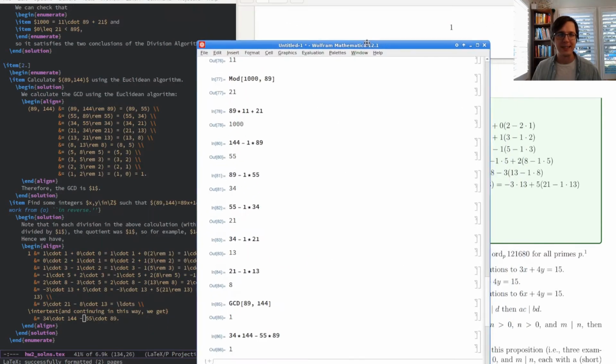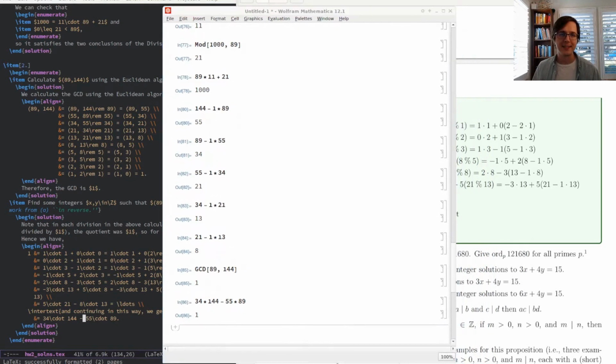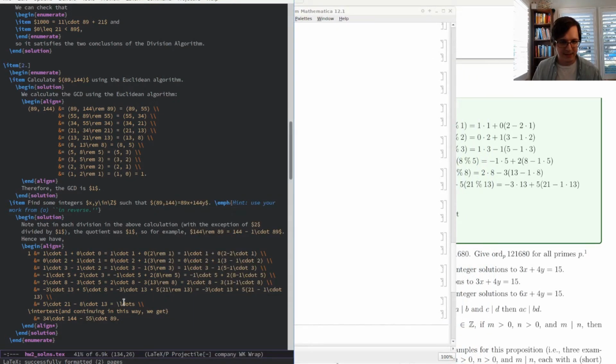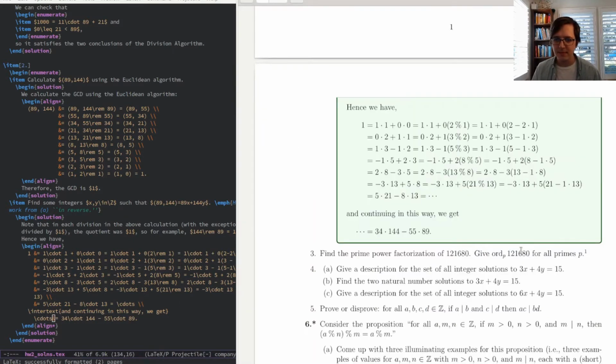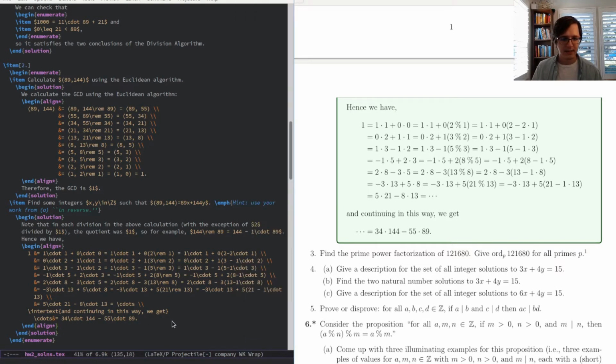That feels like cheating. Well, if you feel like it's cheating, let me know. So maybe \cdots would look better. No, I'll just leave it. Okay, so what was the question?